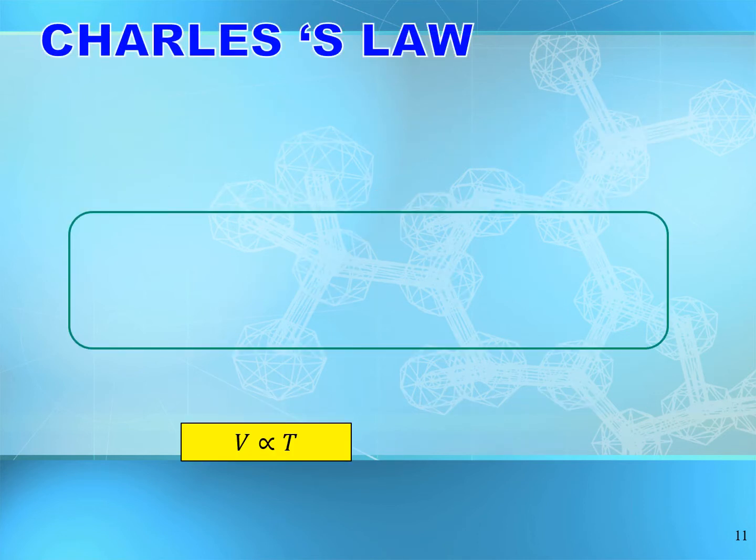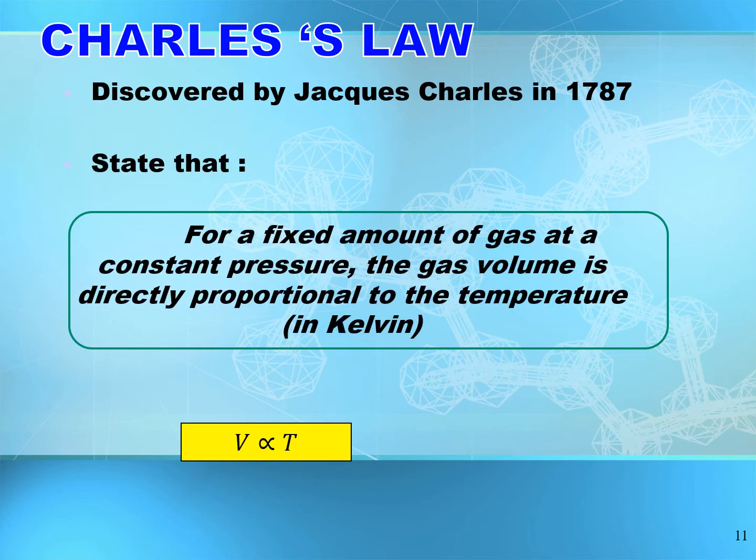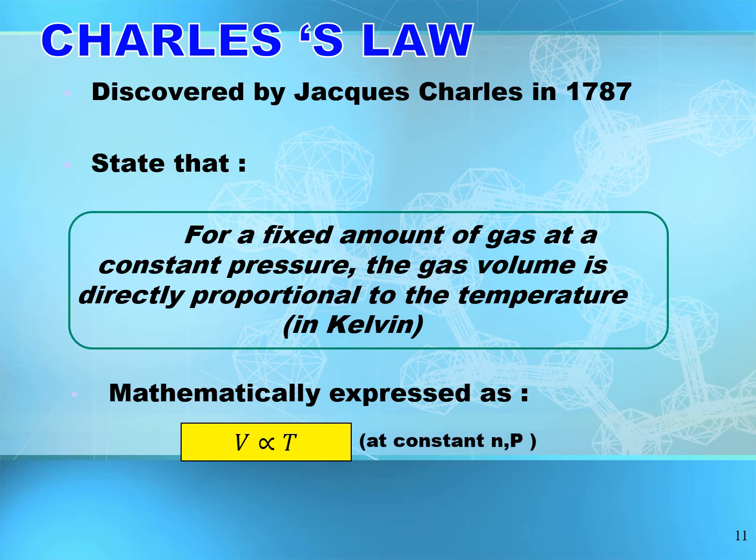The second gas law, known as Charles' law, was discovered by Jacques Charles in 1787. It states that for a fixed amount of gas at a constant pressure, the gas volume is directly proportional to the temperature in Kelvin, mathematically expressed as volume directly proportional to the absolute temperature at constant number of moles and pressure.